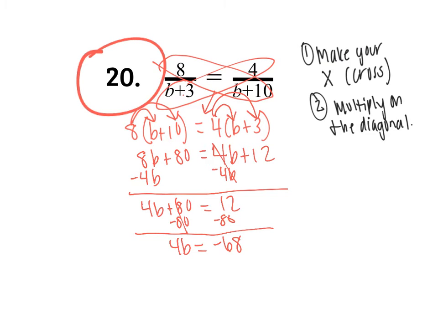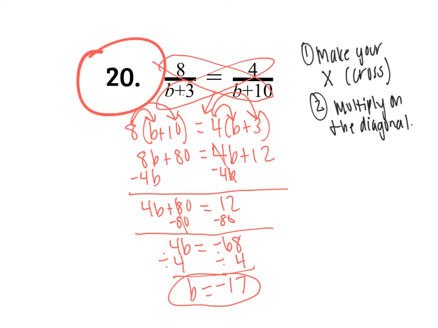Now I just have to divide. Okay, so now I just have to divide by 4 on both sides because I want b by itself. So you guys, once you set up the cross multiplication thing, it just turns into solving equations. So now I have b equals, and I have to do negative 68 divided by 4, which is negative 17. So b equals negative 17.